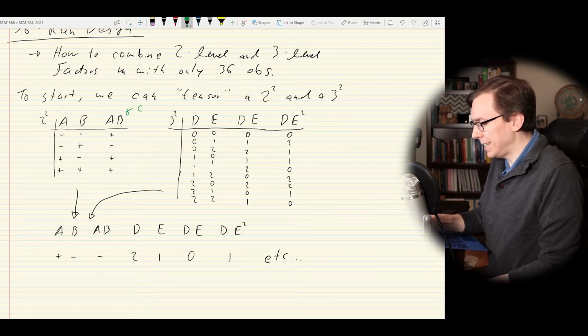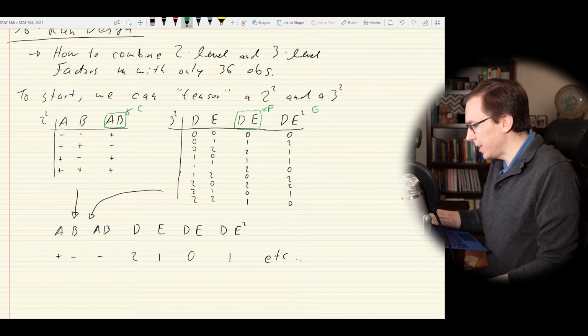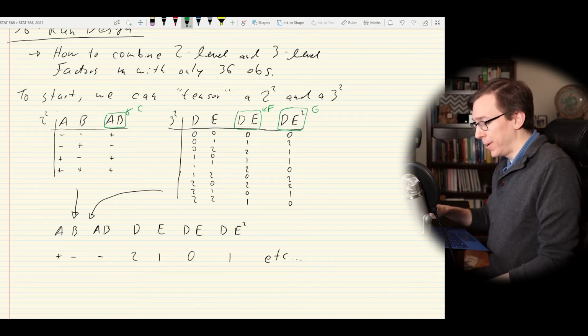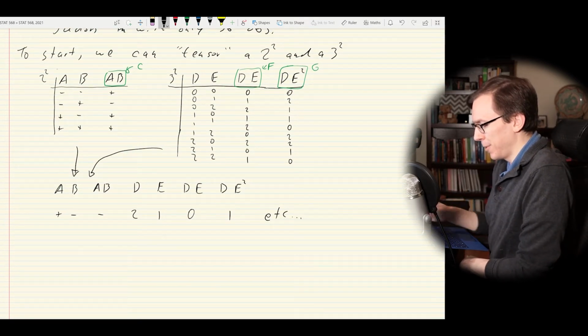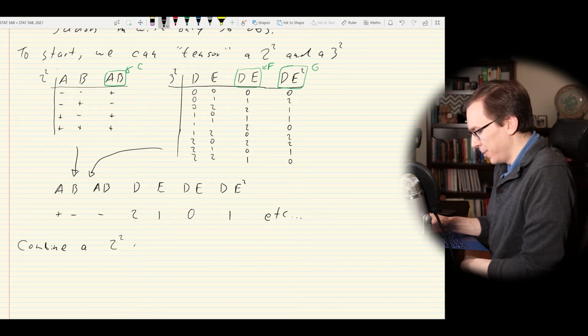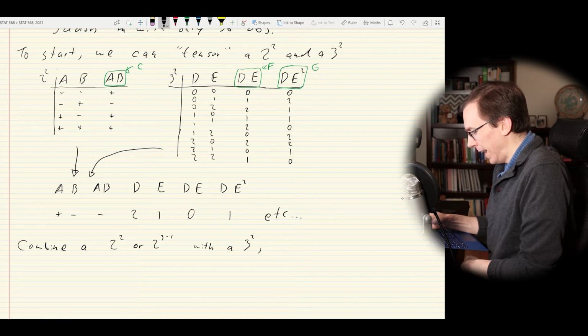Like, again, I could plug a C in for my AB. I could plug a DEF in here, and I could even plug a G in here if I really wanted to. So again, there's nothing too profound going on here. The point is I'm going to combine a 2 to the 2 or 2 to the 3 minus 1 with a 3 to the 2, a 3 to the 3 minus 1, or a 3 to the 4 minus 2 design.